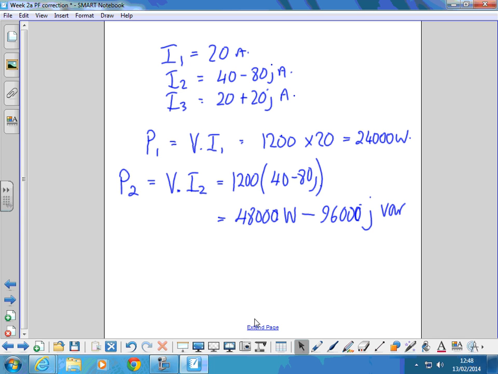And then P3 is V times I3. That's 1200 times 20 plus 20J. On the end is var. So the real part is watts, the imaginary part is var.